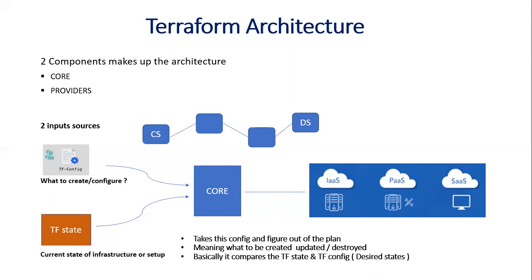There are 100 plus providers as stated in the document. You have to make sure the right providers are given in your config file so your complete infrastructure gets created. So the two important components are core and providers. Core takes care of your current state and your configuration file and syncs the current state with the desired state. Providers make sure your complete configuration gets deployed in your architecture.